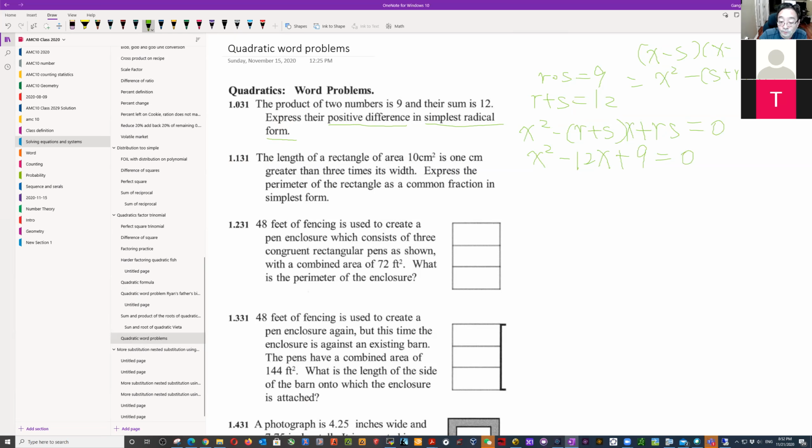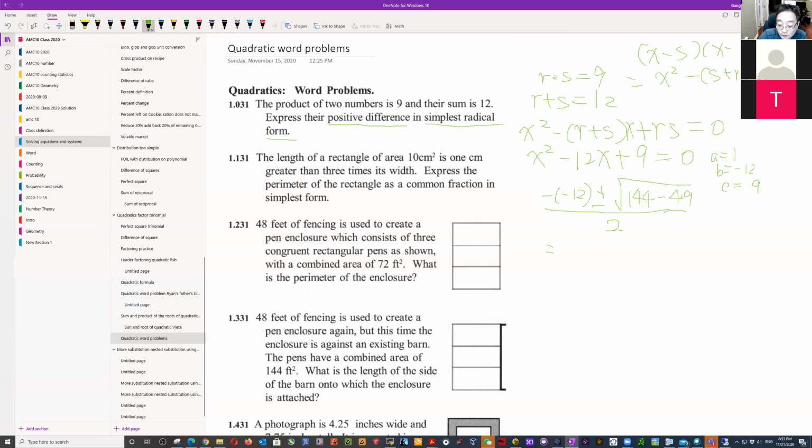If you use the quadratic formula, the roots are negative b plus or minus the square root of b squared minus 4ac, all over 2a. Here a equals 1, b equals negative 12, c equals 9, and negative b is 12. b squared is 144 minus 4 multiplied by 9, all over 2.